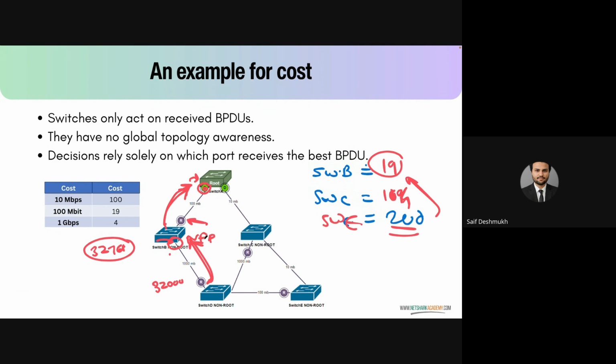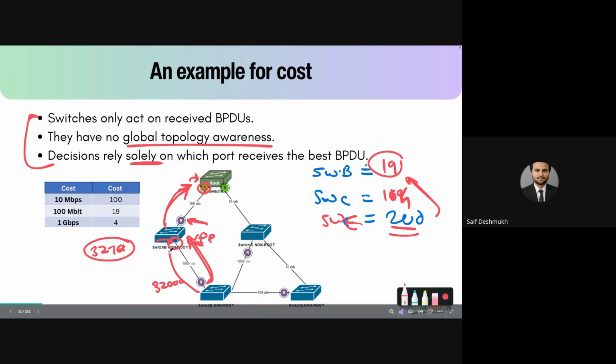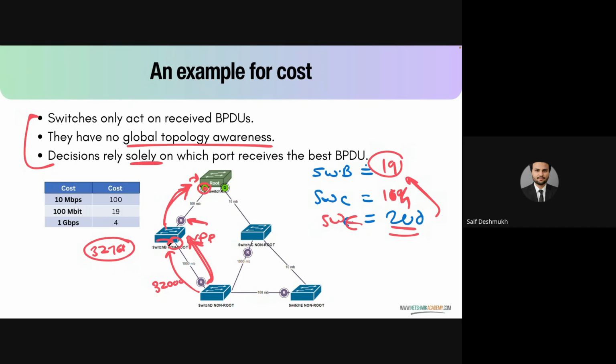You got my point, Hassan? Yeah. This is literally the point that I'm saying here. If switches don't have awareness of the global topology, their decision relies solely on which port receives the BPDU. Understood? So based on the BPDUs received, it dictates whether it should put the port into designated or non-designated. Understood?